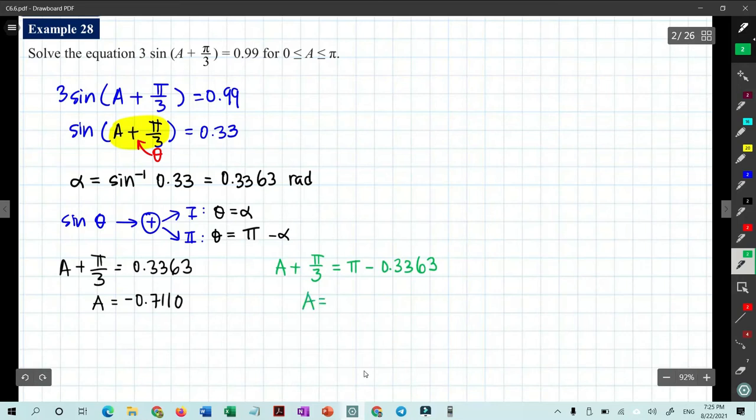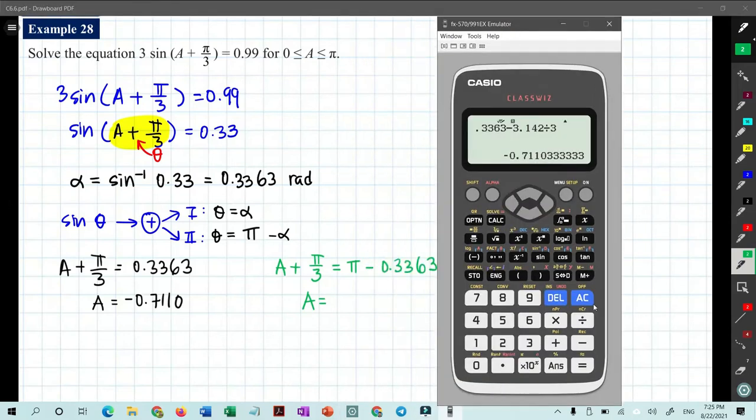A is equal to, I'm going to use 3.142 for pi. So 3.142 minus 0.3363 minus 3.142 divided by 3. And here I get 1.758.